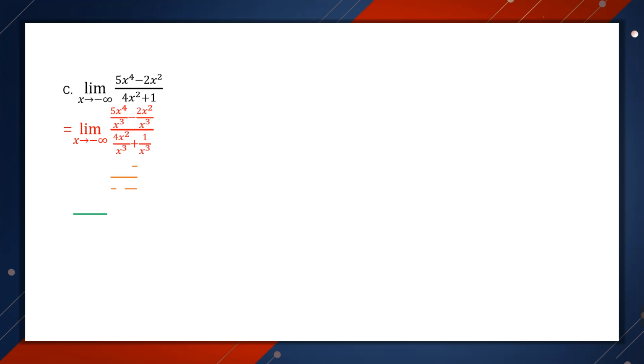Similarly, we should first divide by x^3, and then we get the limit of (5x - 2/x) over (4/x + 1/x^3). And then we get negative infinity plus 0 over 0, and the result is negative infinity.